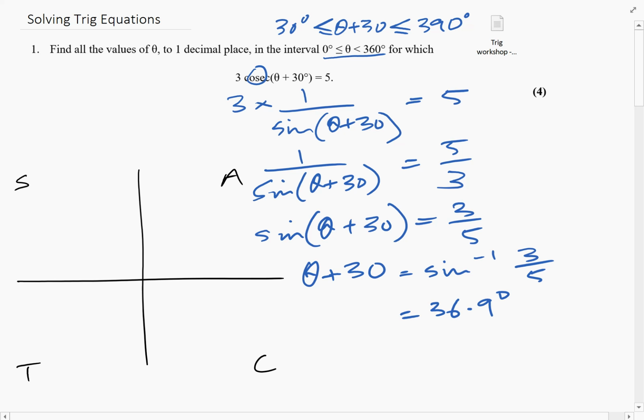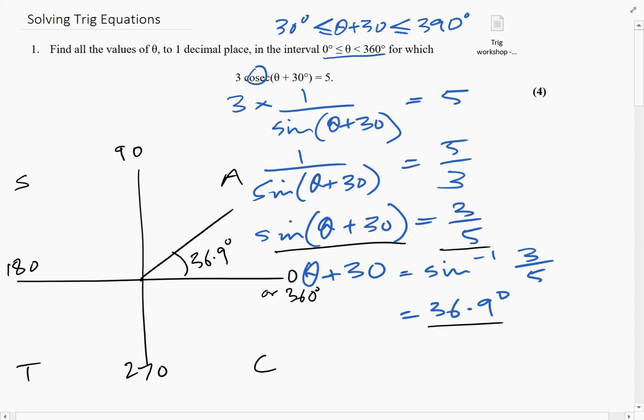So this is what I would do. This is 0, 90, 180, 270, and that's 0 or 360. It's 36.9, start at 0 and go up. So I'll put that there. Now you can see in this question that sine equals plus 3/5 here. So that means that sine must be positive. Sine is positive here.